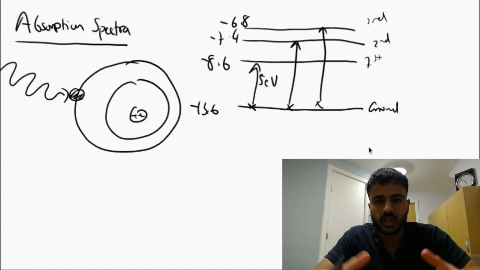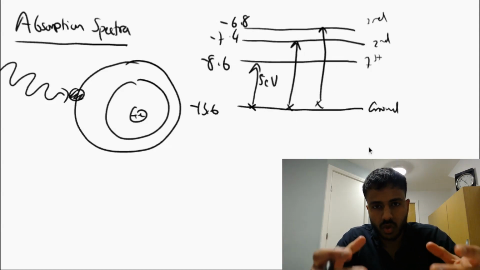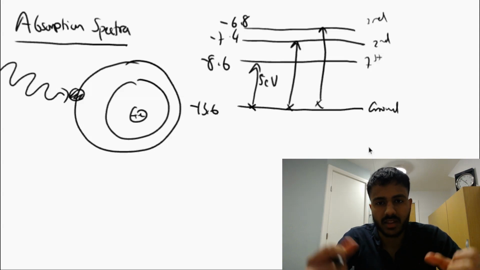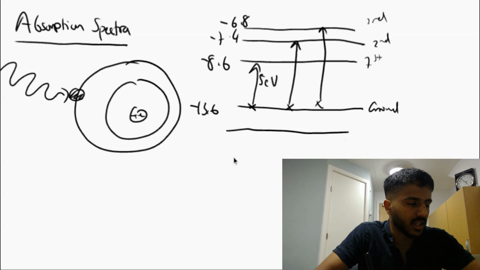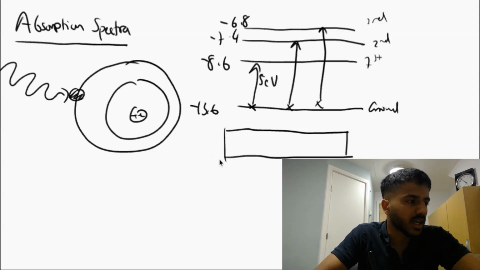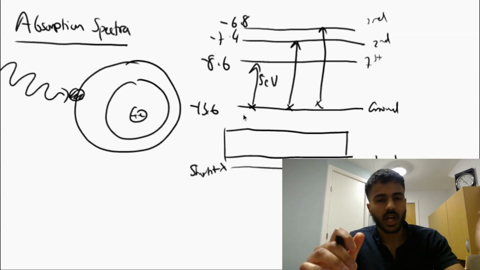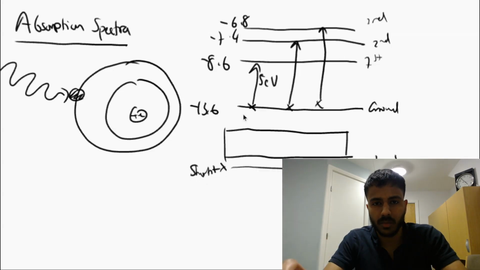So what's going to happen is you're going to get quite a variety of photon energies being absorbed by the electrons. Let's say we had a screen behind this atom, and that screen had a detector ranging from shortest wavelengths to longest wavelength. If all the light were to hit this detector, you would see a rainbow pattern.